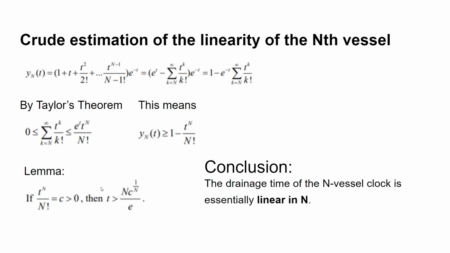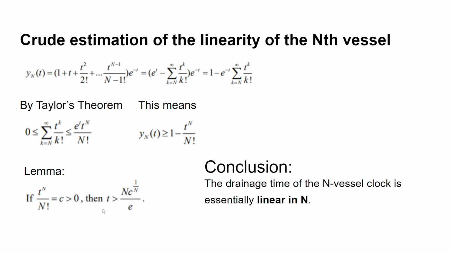The following lemma will give us a rough estimate of how long yₙ(t) remains close to 1. For example, suppose we want to know when yₙ(t) equals 0.9. This occurs after the time at which tⁿ/n! equals 0.1.